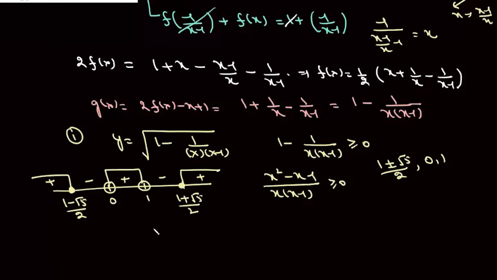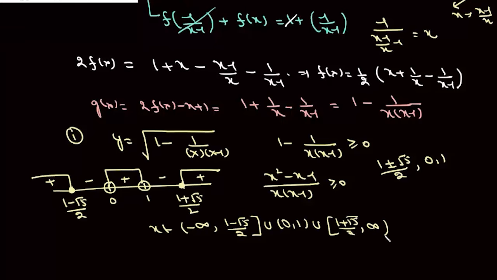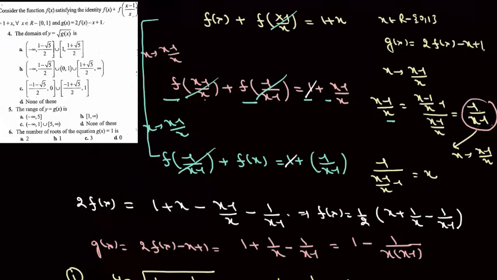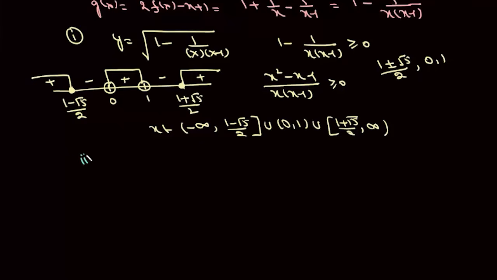So domain of this function will be x belongs to minus infinity to (1 minus √5)/2 included, union 0 to 1 not included, union (1 plus √5)/2 to infinity. And that's your option B.